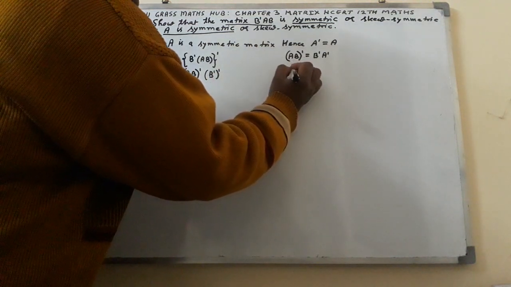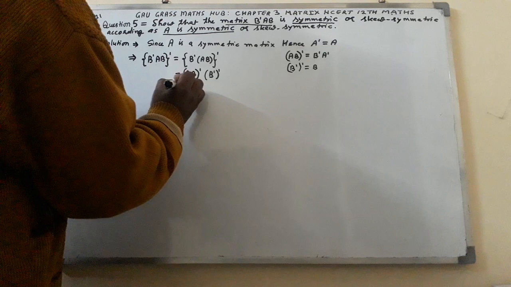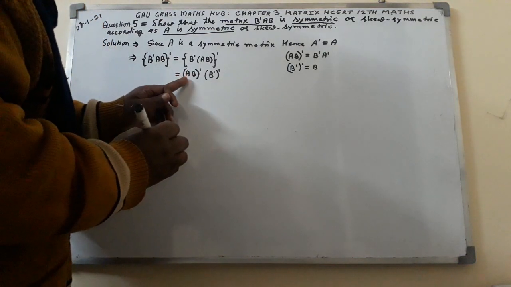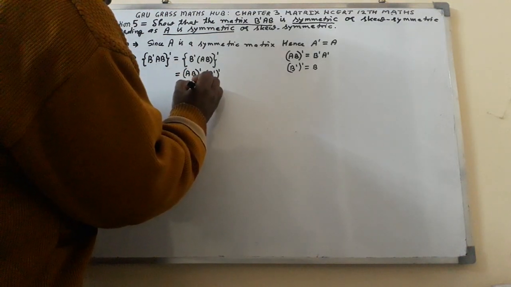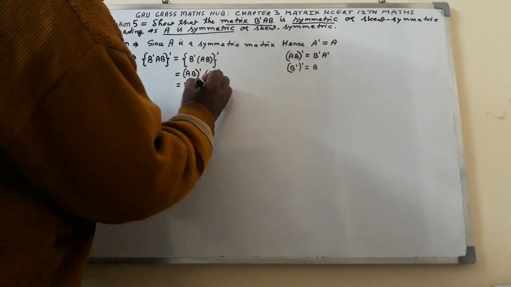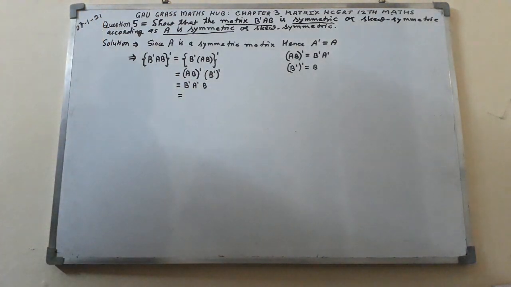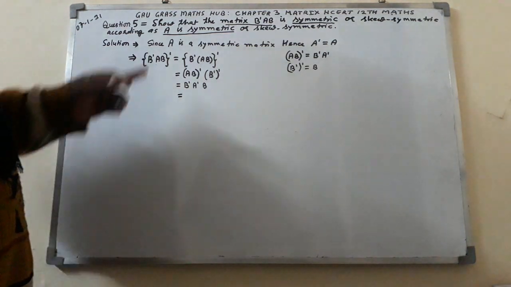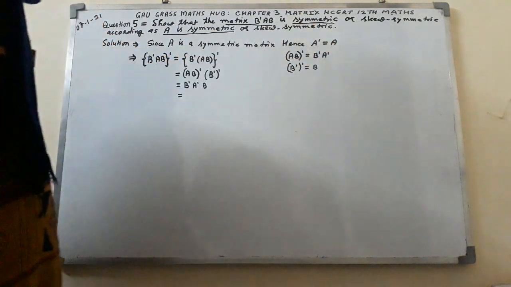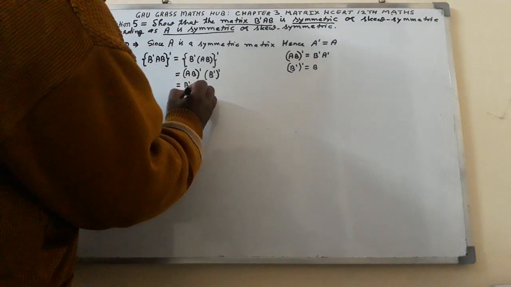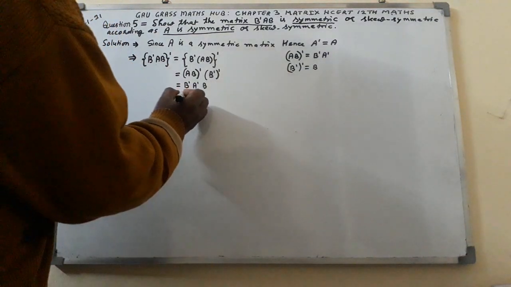Here you will get the transpose of B dash comes out to B. So here it will become the transpose of AB comes out to B dash A dash, and here you will get only B. Since A is a symmetric matrix, the transpose of the matrix A is equal to A. You will get here B dash AB. The same result we have got.